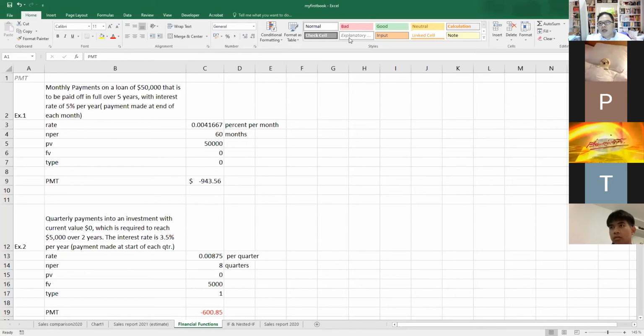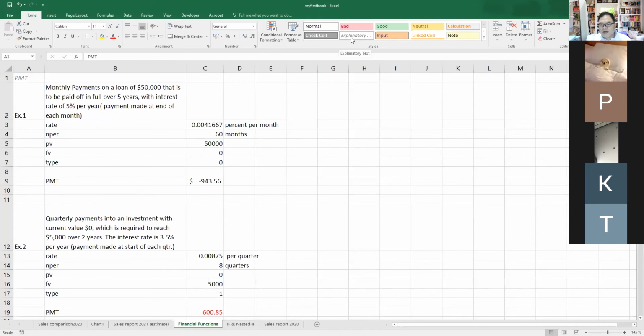For example, if we pay monthly, you have to know whether you will pay at the end of the month or at the beginning of the month. That is the type. If you pay quarterly, type specifies whether you pay at the beginning of the quarter or at the end of the quarter.